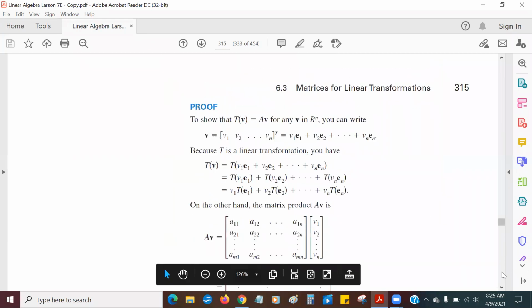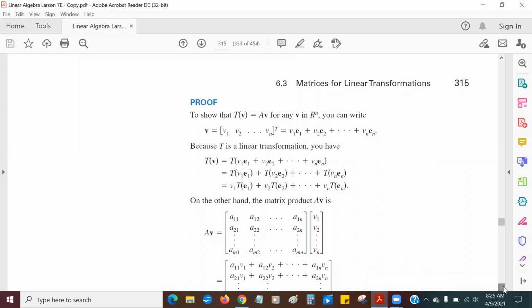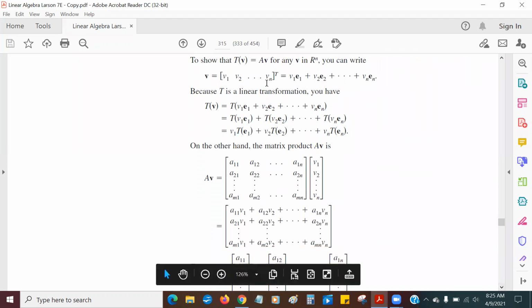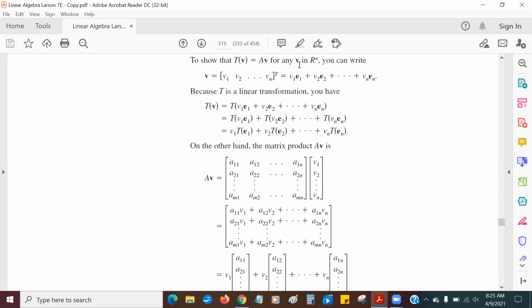Let's actually do it in real life. Oh, first let's just show why it works. So we want to show that T of v is equal to Av. We're going to take our vector v and write it in this form: v1, v2, up to vn transpose, which means really the vector was a vertical vector, and we're writing it horizontally.